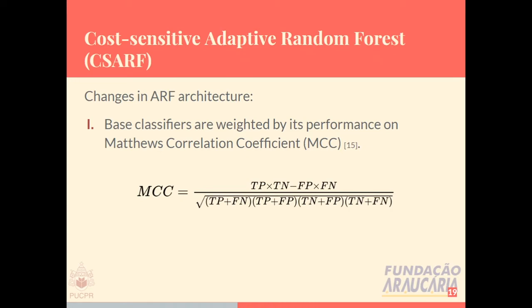The MCC uses all four pieces of information from the confusion matrix when evaluating a classifier, and by considering the proportion of each class, it assigns higher values to the classifiers which perform well in both classes. This metric is more popular in machine learning applied to computational biology, which usually deals with imbalance problems.